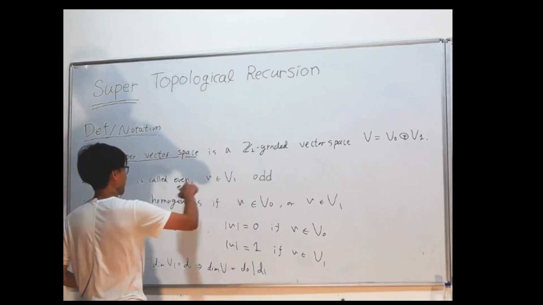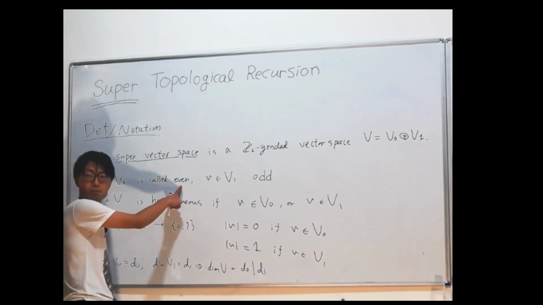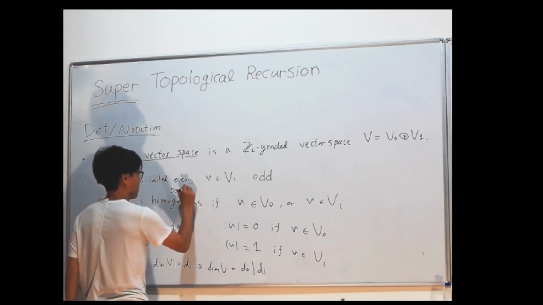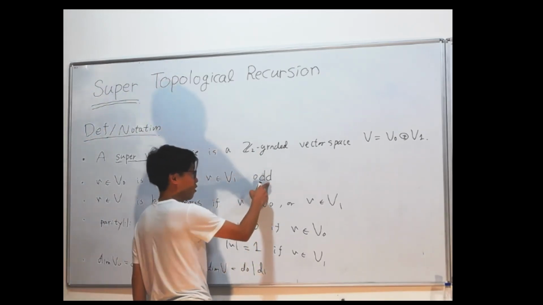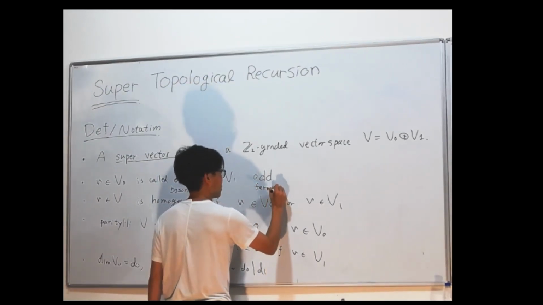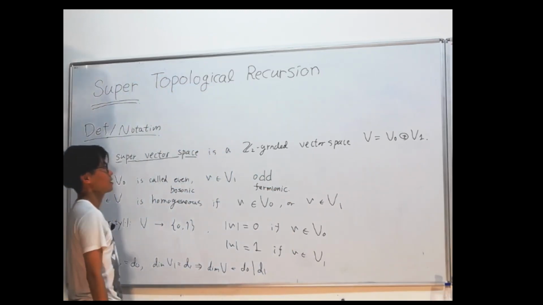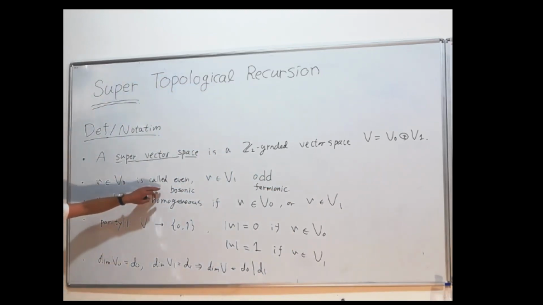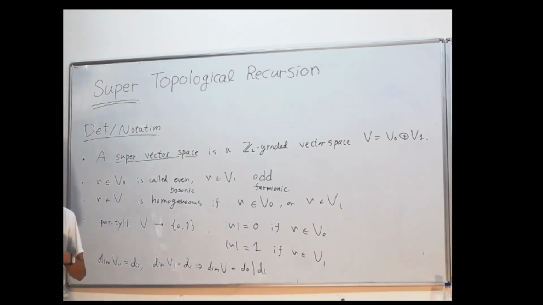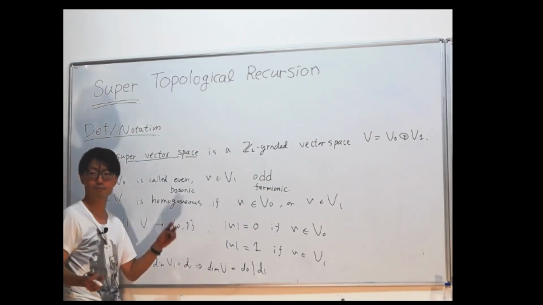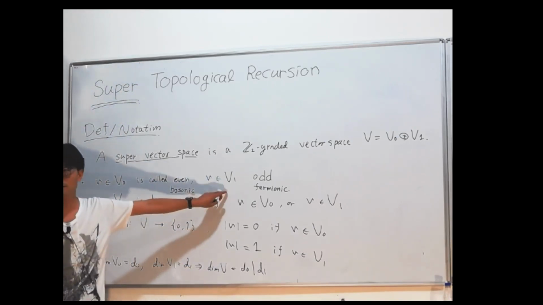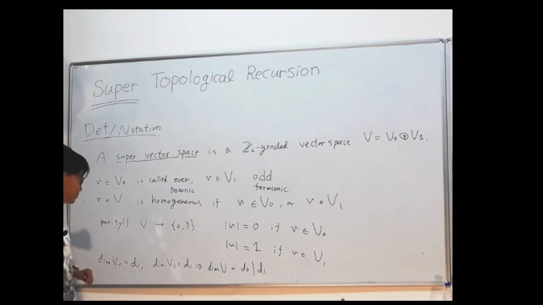So even might be called bosonic as well, and odd is sometimes called fermionic. In my lecture notes, I try to be as consistent as possible by using even and odd, but when I speak, I can't guarantee anything. So this is just a dictionary. Whenever I say bosonic, you should think of an element in V_0.